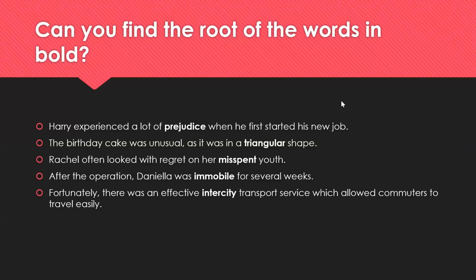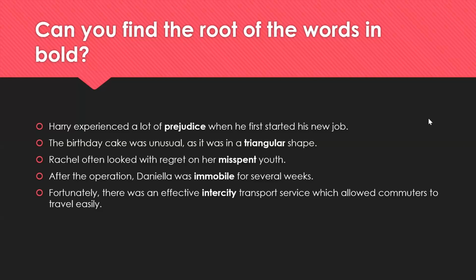Now, a lot of you are saying triangle, which is correct, but what about the root of triangle? What's the root of triangle? And what does it mean? The root is tri, T-R-I, which means 3. So in this word, the root is actually that tri, meaning 3.